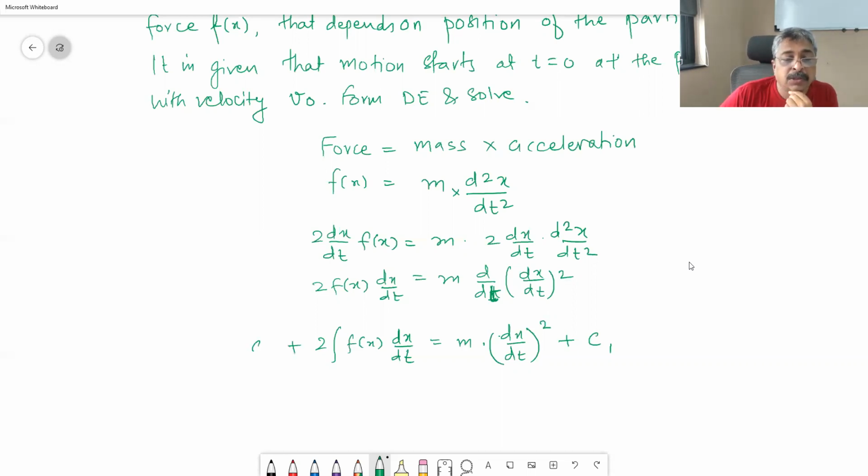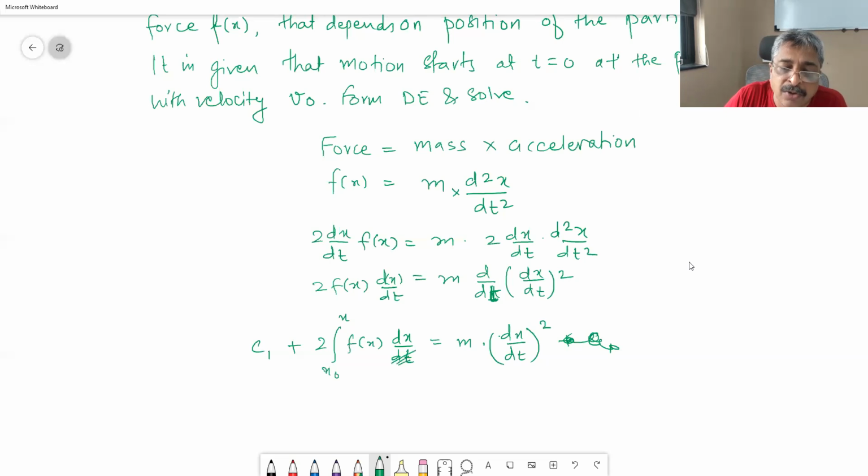Okay, I'm a little bit messing it up. It is d by dt of this, and similarly I can write 2 f of x d by dt of x.